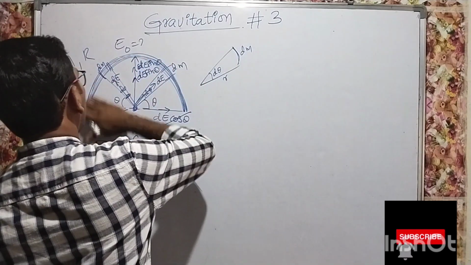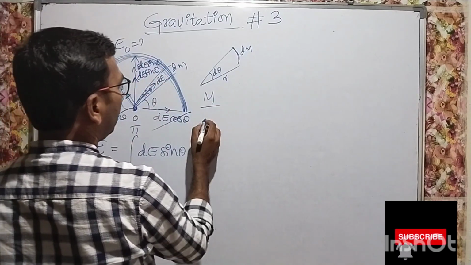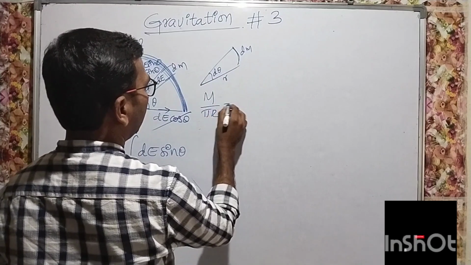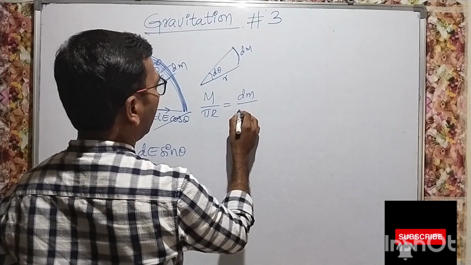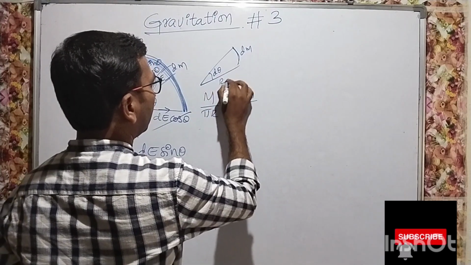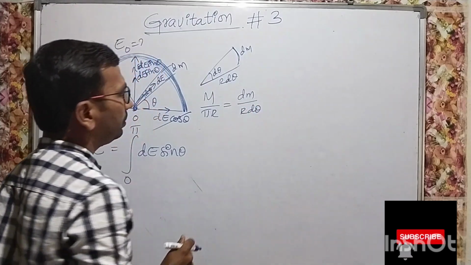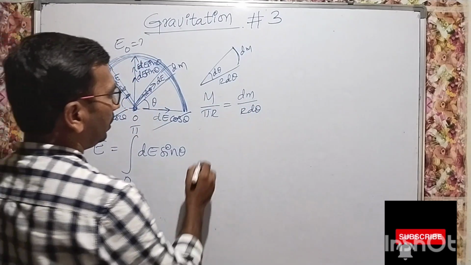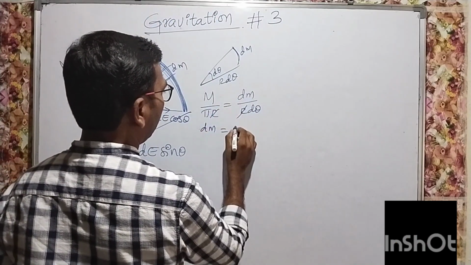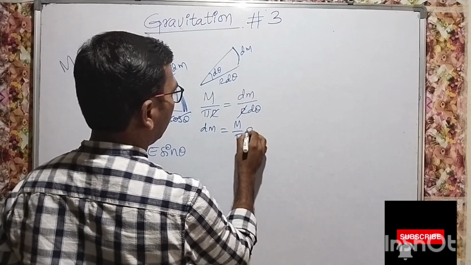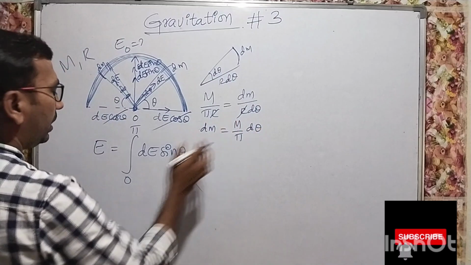Similarly dm corresponds to r d theta. From this you can find the dm value. So dm is equal to, the r cancels, capital M by pi d theta. So in place of dm you can write capital M by pi d theta.